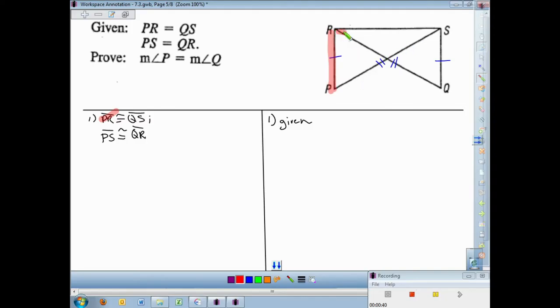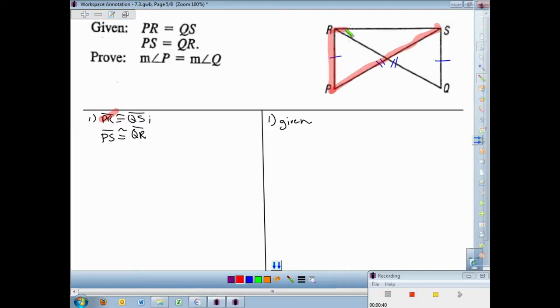If you choose segment RQ, which is bad, you don't want to choose that one because now you can't make a triangle out of those two red segments right here. So you want to choose a segment or an angle that's touching that you could make a triangle out of. And remember, you can't stop right there because this segment P blank doesn't have any markings on it. It's segment PS that had some markings on it.